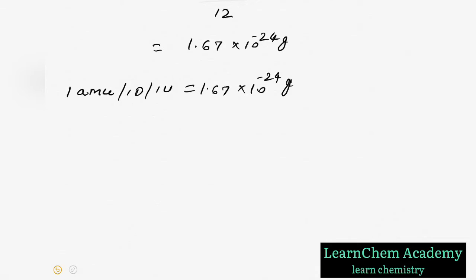Or we can write it as 1 by 6.023 into 10 raised to power 23 gram.